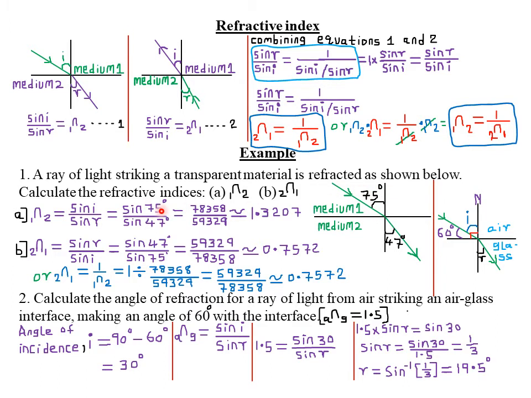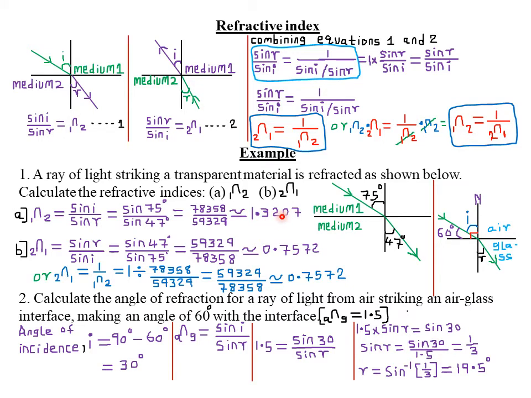So we talk of 75 degrees divided by the angle of refraction, the angle between the normal and the refracted ray, which is 47 degrees. So sine 75 degrees divided by sine 47 degrees, you'll get 0.96593 divided by 0.73135, which is approximately 1.3207.